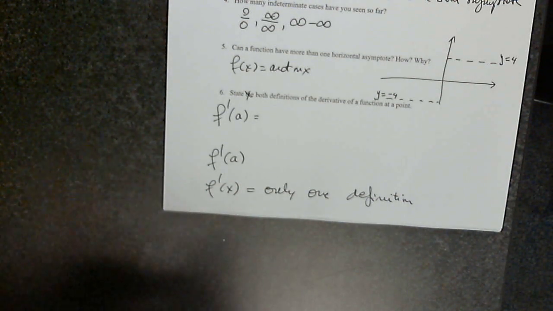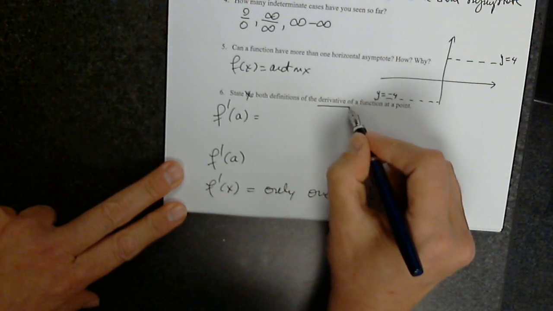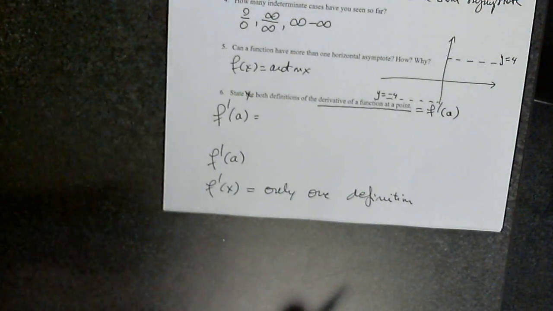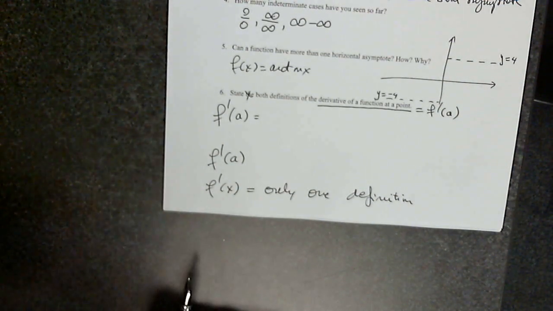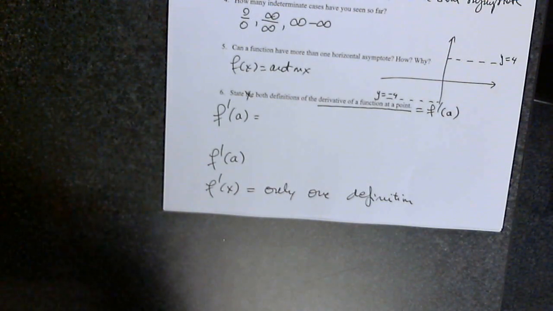So f prime of a, first of all, what is it? It's the derivative of a function at a point. It's the slope of the tangent line to the graph of that function at that point. It's the rate of change of that function at that point. And the notation is f prime of a.